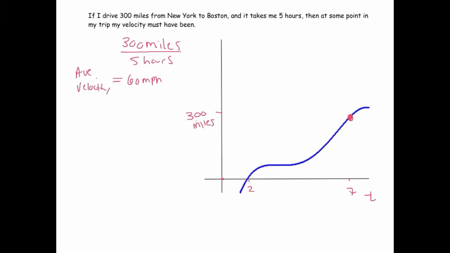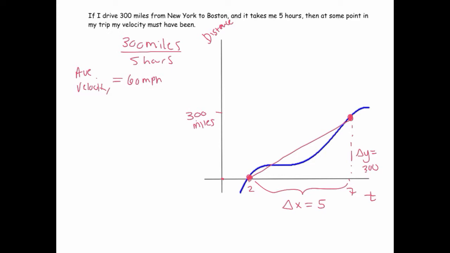This is distance, and this is time. What we just calculated is the slope of this secant line. Its rise, its change in y, is 300 miles, and the change in x is 5. So we went 60 miles per hour.